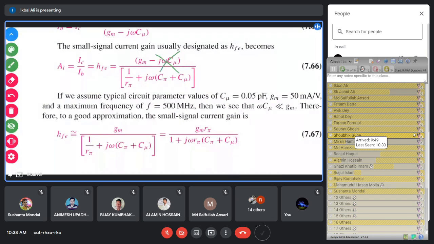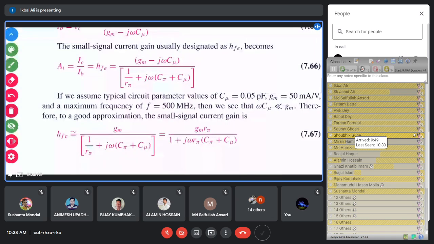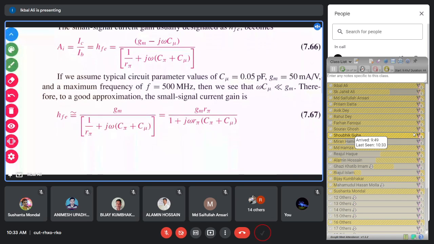If you discard this, then we get the gain expression like this. So hfe is nearly equal to, because of that approximation, Gm in the numerator, and in the denominator the entire expression, 1 by r pi plus j omega into c pi plus c mu.